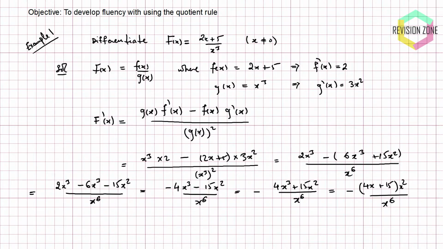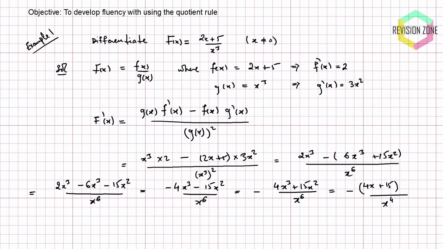But of course we're going to have some cancellations, because the x squared is going to cancel with x to the 6, so perhaps I can just get rid of that and change the power of that 6 to a 4. So we've basically been able to work out our answer. I'm slightly hesitant to put that line there because it looks like it's part of the fraction, so I won't do that.